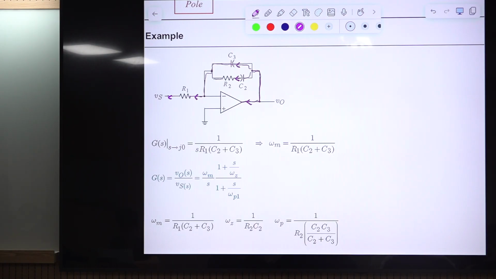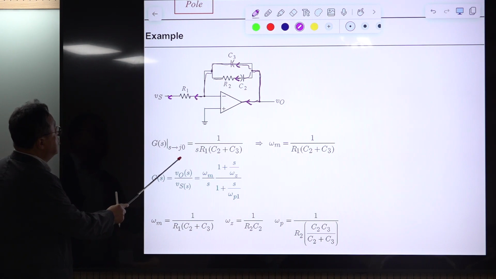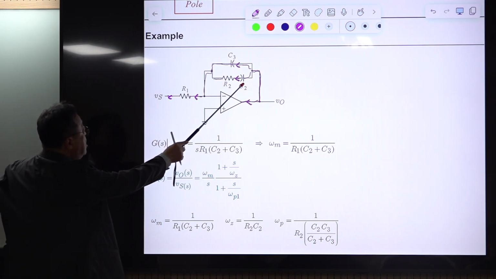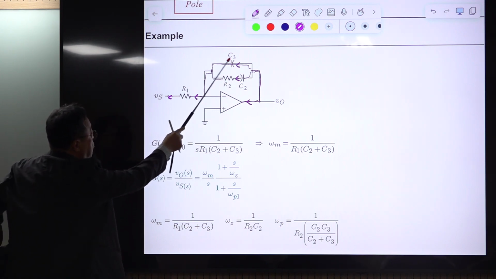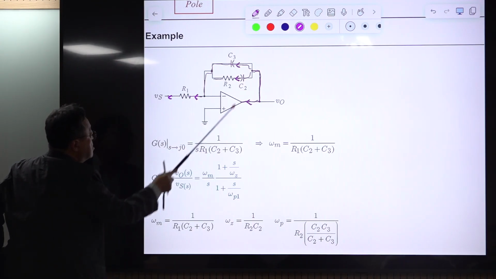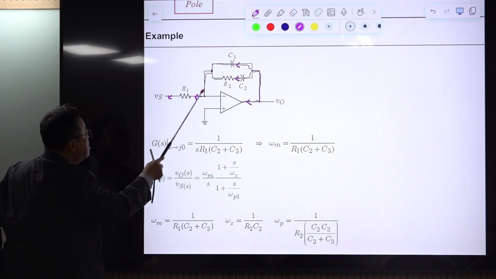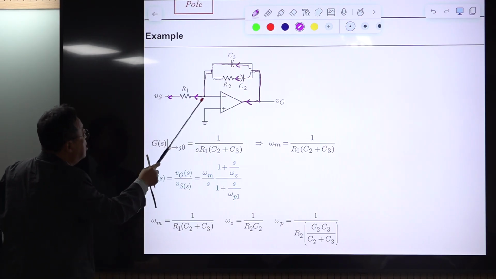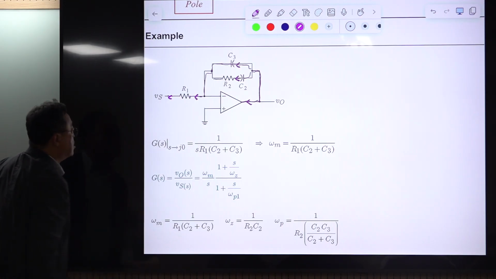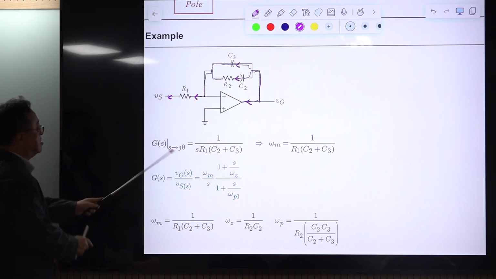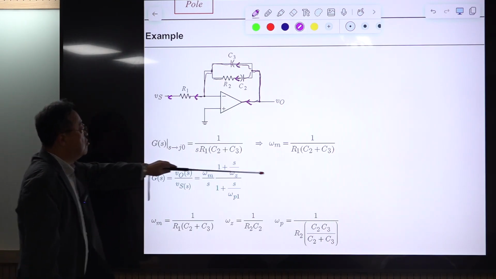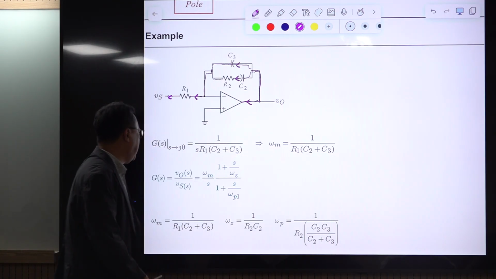So at DC, when frequency becomes 0, this is infinity, so this is nothing. We have two current paths, C2 parallel C3, and one current path. It should go this direction. It cannot go into this ideal op-amp. So this is integration, and we have this integration gain.